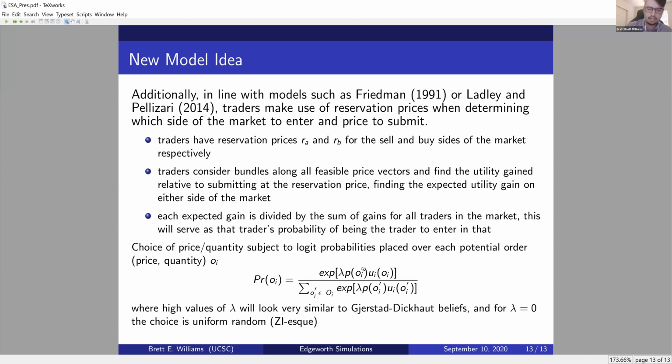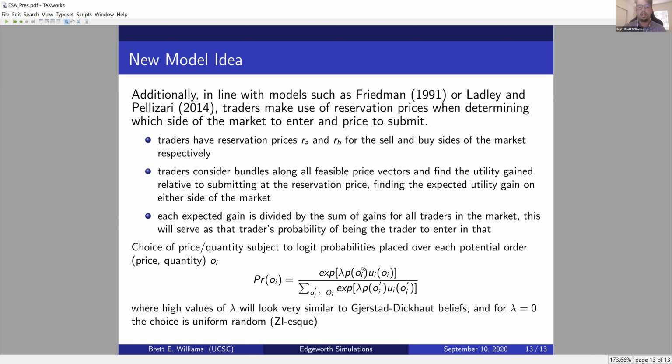The last slide I'll go through is that I intend to use reservation prices, where the traders have a reservation price on either side of the market, and they look at all feasible price vectors extending from their current bundle.